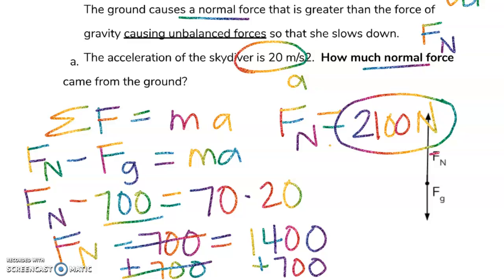That's Newton's first law. Newton's first law tells us that if the velocity is constant, then there must be balanced forces. Or the way we usually write it, if there are balanced forces, there must be constant velocity. It goes both ways. But in this case, we have something that is changing velocity, therefore the forces must be unbalanced.